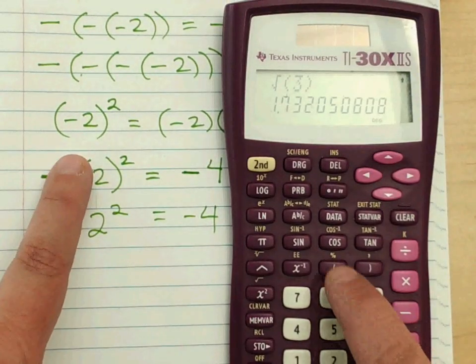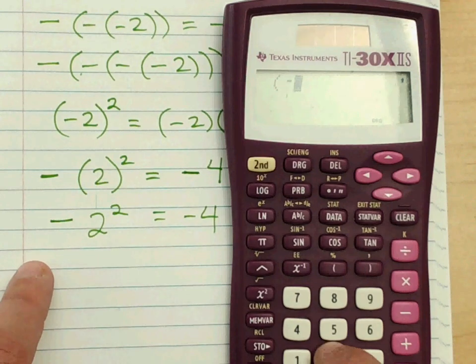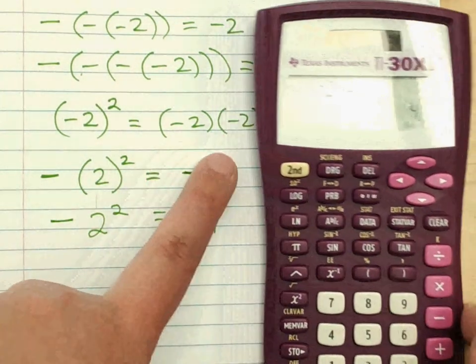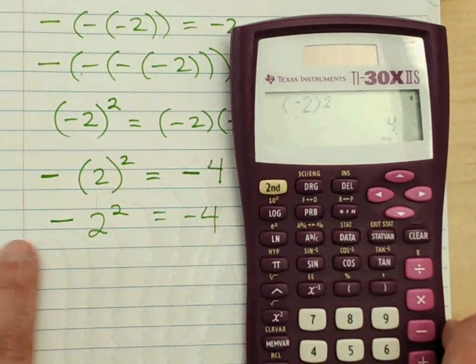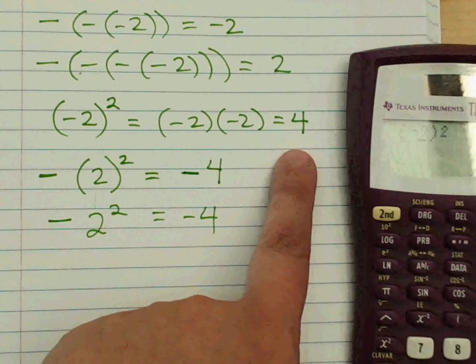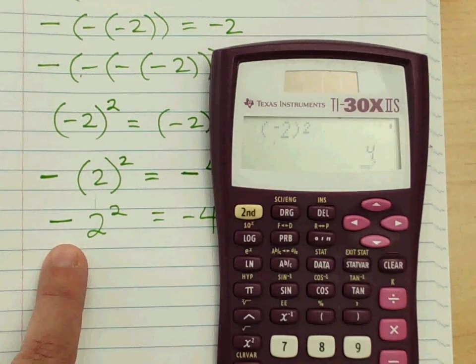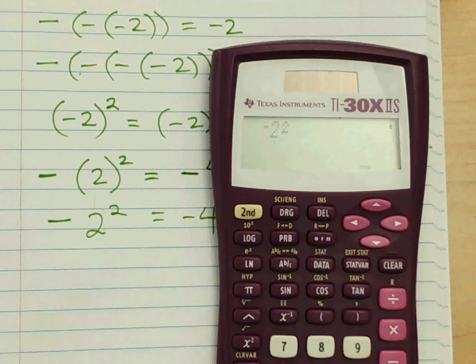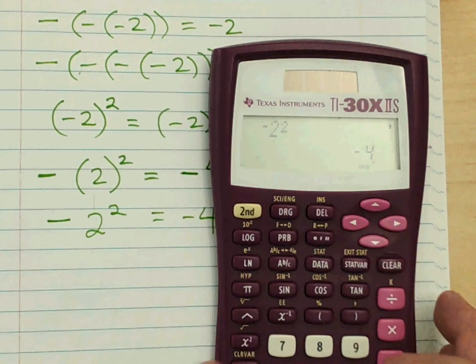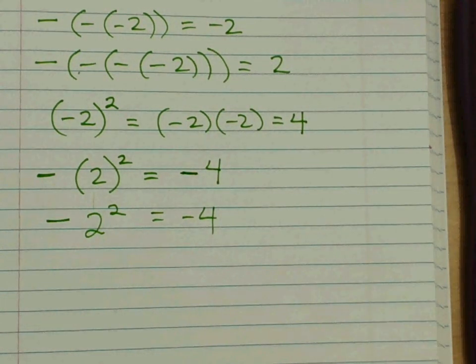So if we put parentheses negative 2 and we square it, that's negative 2 times itself, which is 4, right? Well, this one is positive 4, right? Now, if I put the negative outside, 2 squared, I don't put the negative inside parentheses, what do I get? Negative 4, because that negative wasn't being multiplied by itself.